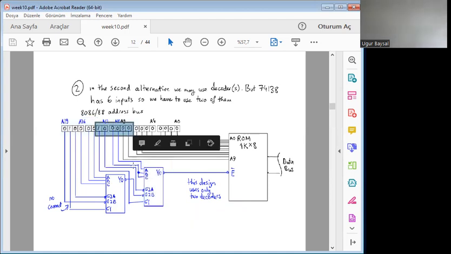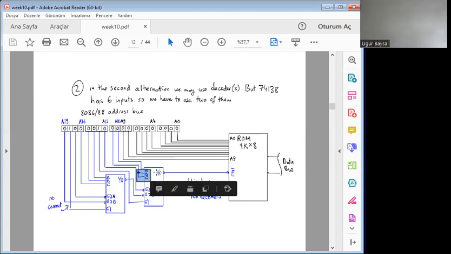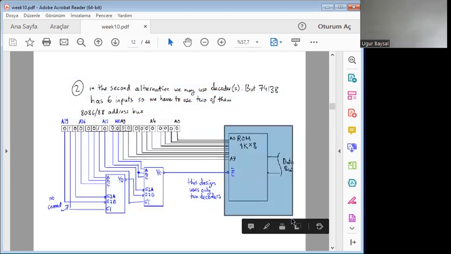It will receive another, smaller number of bits than 6 to enable. So in the same Y0 output, because A, B, C of the second decoder receives low signal, then the ROM could be enabled and it will work.